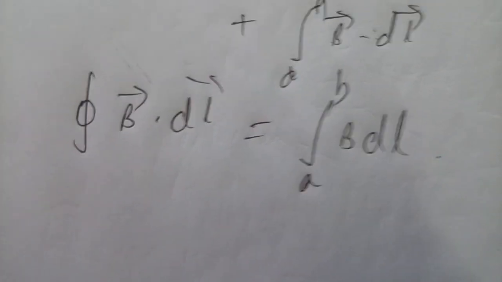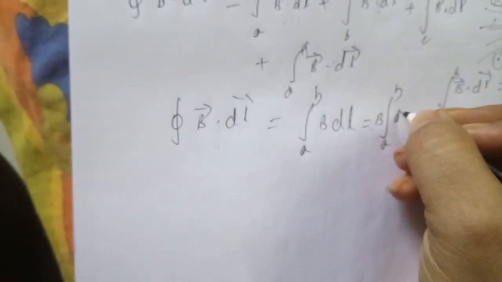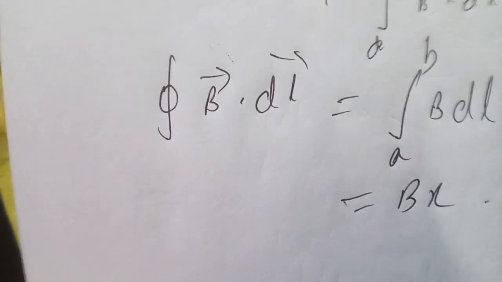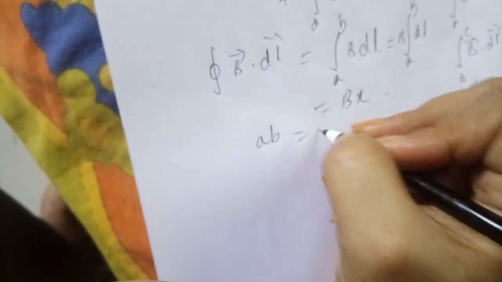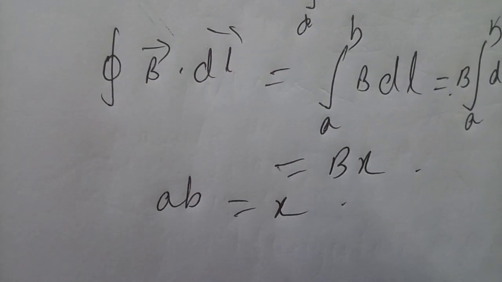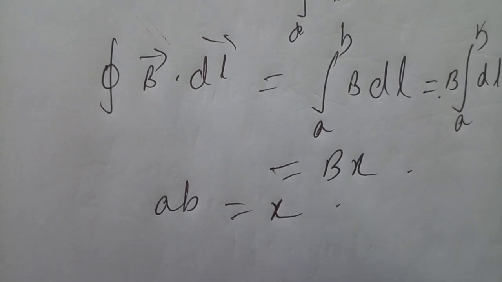So we take B out, and it is the integral of dl from A to B, and this whole part we take as x. So we have taken AB equal to x, that is the distance from A to B. But we have to apply Ampere's circuital law in order to find the magnetic field.